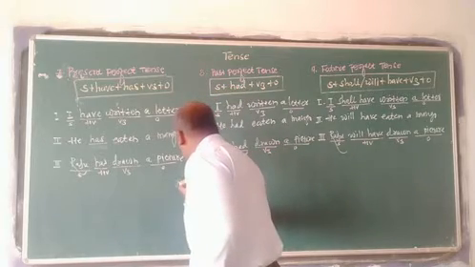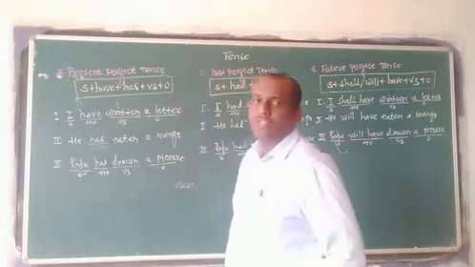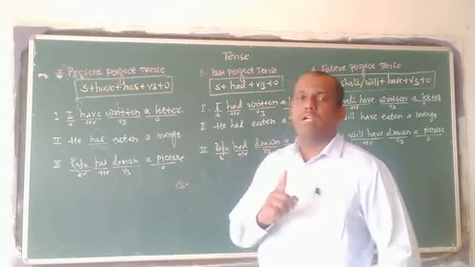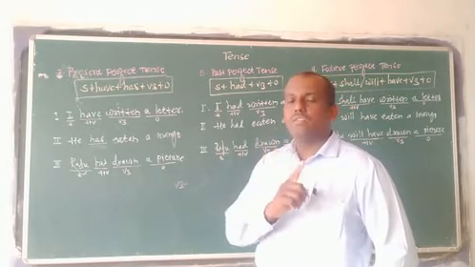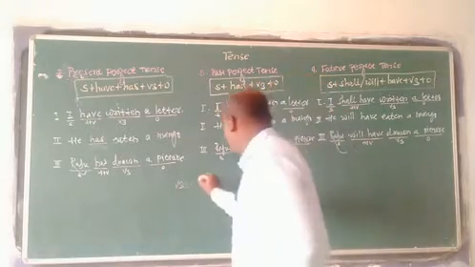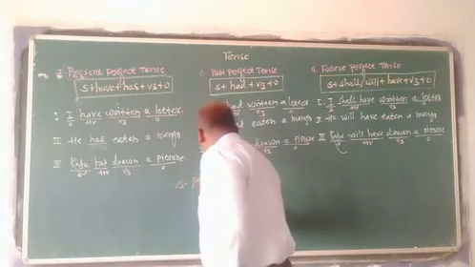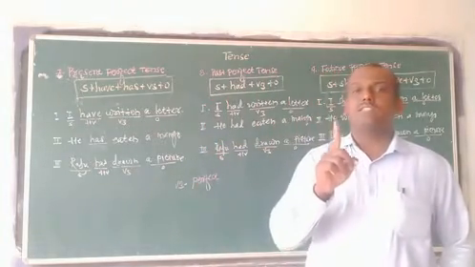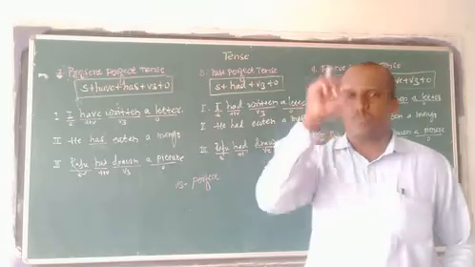And if there is V3, I provided you a chart: if there is V3, then the tense is perfect. V3 always tells us that the tense is perfect.